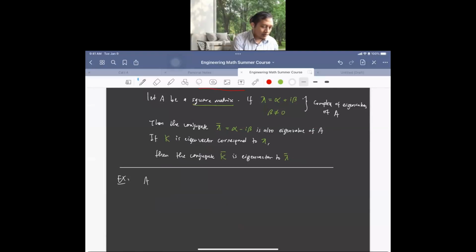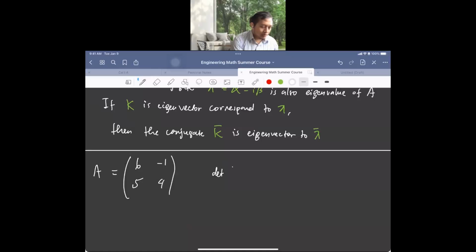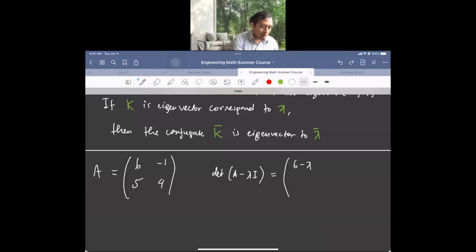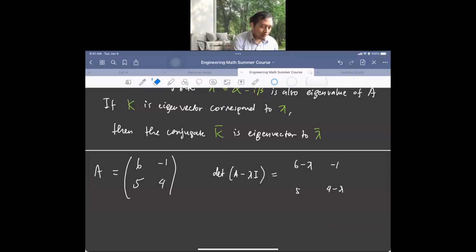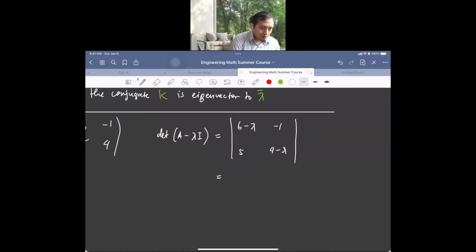So for example, the matrix A is 6, 5, -1, 4. If we want to find the eigenvalues and eigenvectors, let's find the determinant first. We will have 6 minus lambda, 4 minus lambda, minus 5 times negative 1.